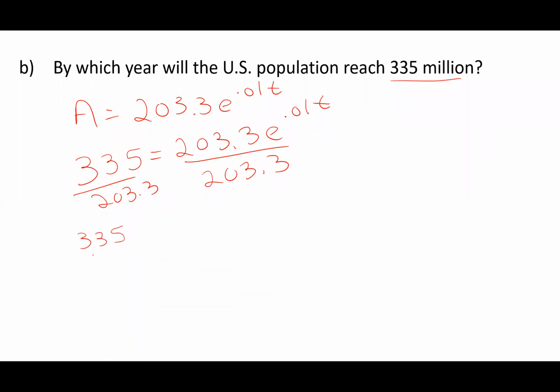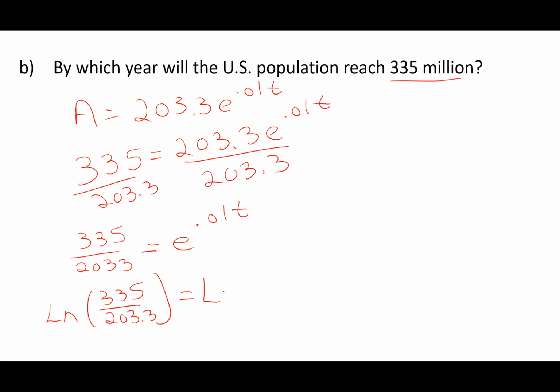So you have 335 over 203.3 equals e to the 0.01t. Just like we did before, do the natural log of both sides. Okay? And remember again, the natural log of e cancels.